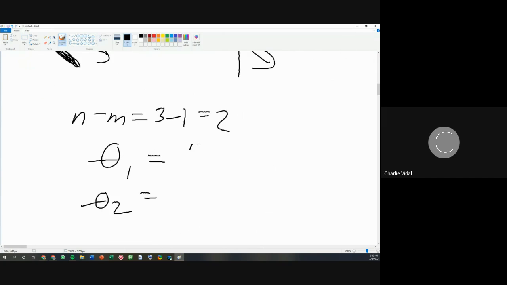This is 180 divided by 2, times 1, which is 90. And then you have another one, which is 180 divided by 2, times 3. And this would be 270.